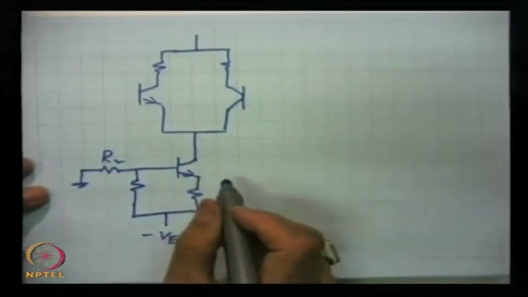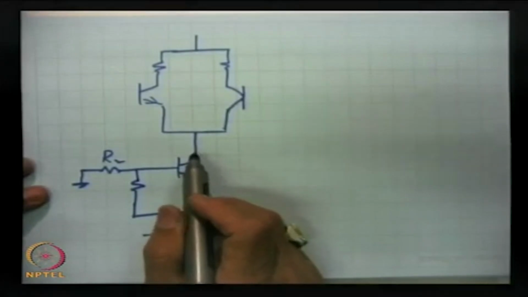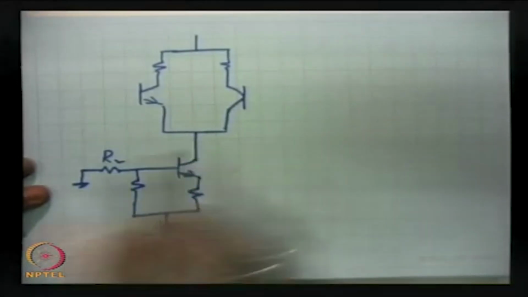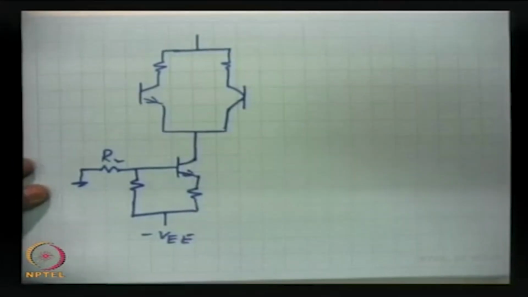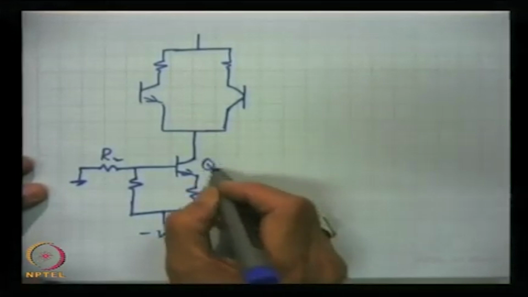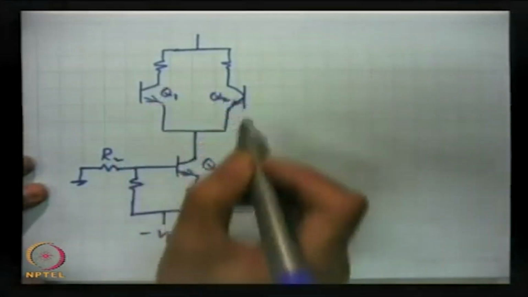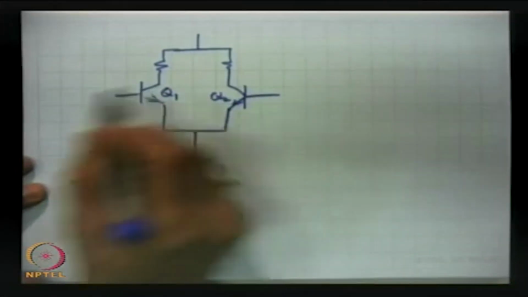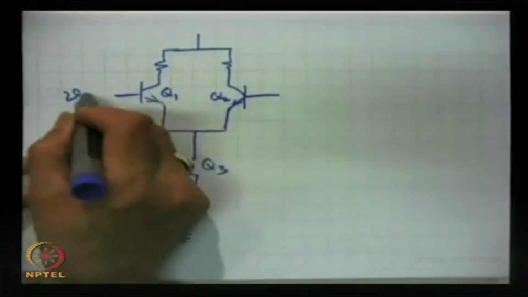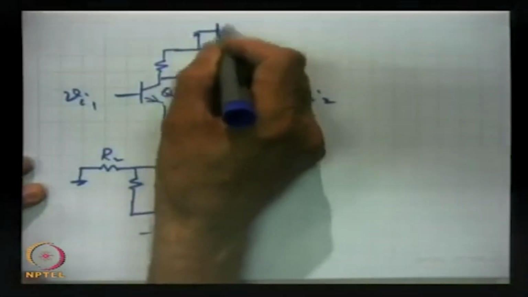Because the reverse-biased collector has much higher resistance than simple resistance Re. So, this acts as a transistor Q3, this is Q1, Q2, this is Vi1, Vi2, rest is same as we have discussed.